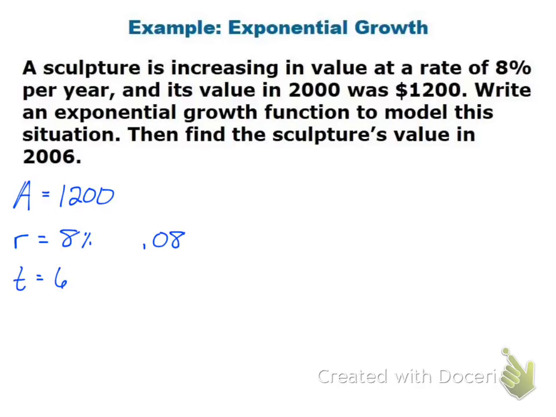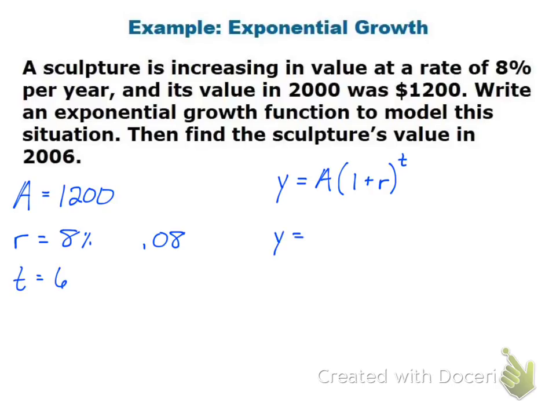And so what we want to do here is, my exponential growth formula tells me that I can go y is equal to, it's always my starting amount. And then since it's growth, I'm going to do 1 plus my rate, and then the exponent is going to be the time that goes by.